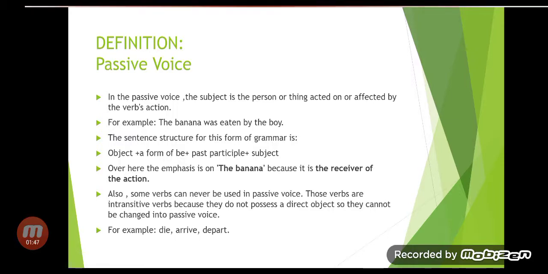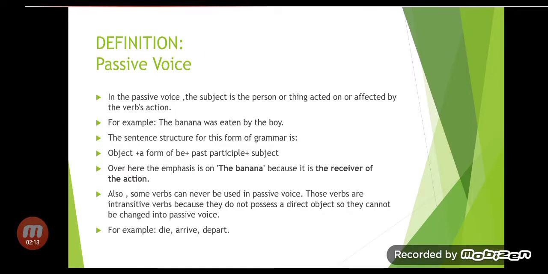When we convert a sentence from active into passive, the subject is converted into object and the object is converted into the subject. And what changes? The form of the verb changes and the form of to be changes. What is that? That is the helping verb or the auxiliary verb. For example, the banana was eaten by the boy.